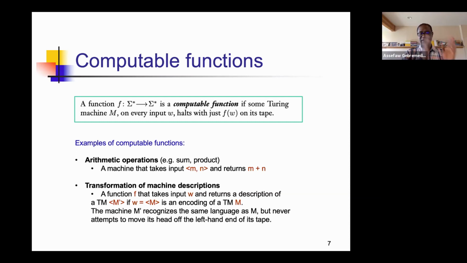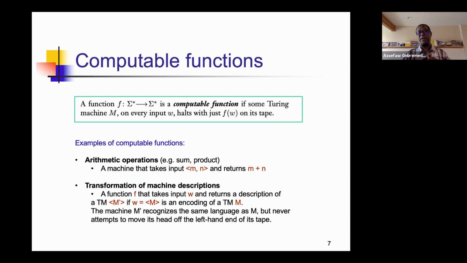So a function f from a given alphabet to the same alphabet is a computable function if some Turing machine M exists, so that on every input W, it halts with just f of W on its tape. It starts with W on its tape, and it halts with just f of W on its tape. All that the Turing machine has done is compute that function. It started with W and ended up with f of W.